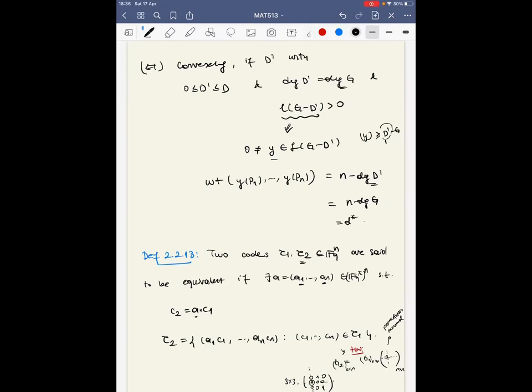For instance, let me consider a 3 by 3 matrix whose entries are from F3. This is going to be a monomial matrix.